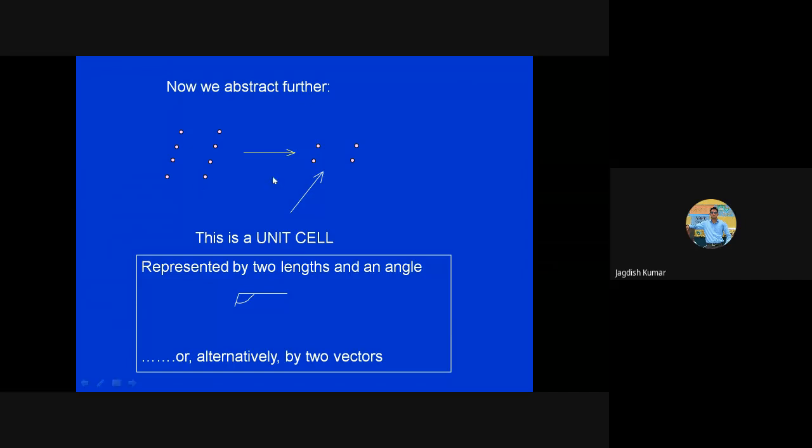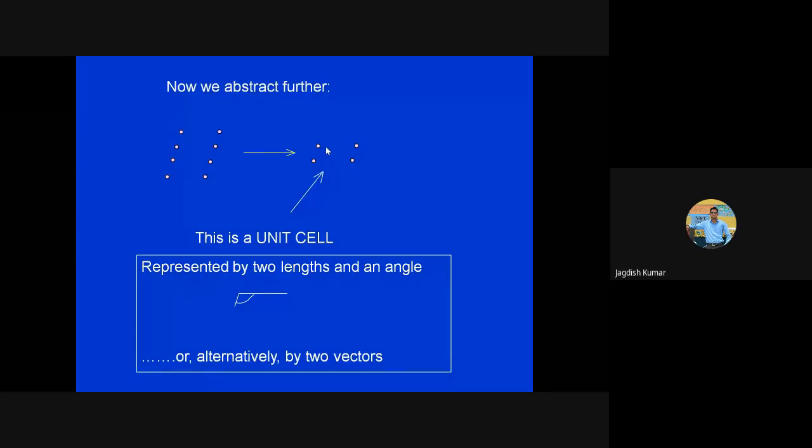We define one length along the A direction, the other along the B direction, or along X and Y, and the angle between them. You may call the lengths A and B, and then you also have to define the angle between them. That's one way of representing a unit cell.